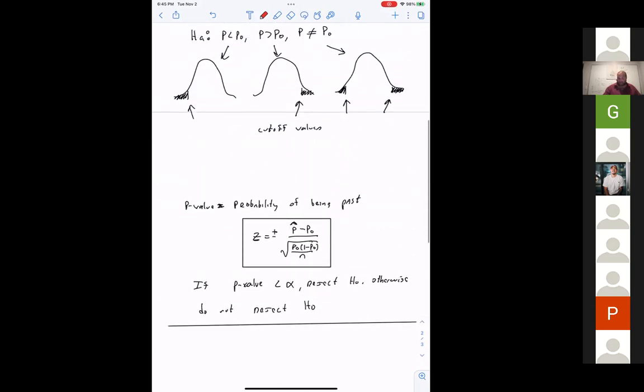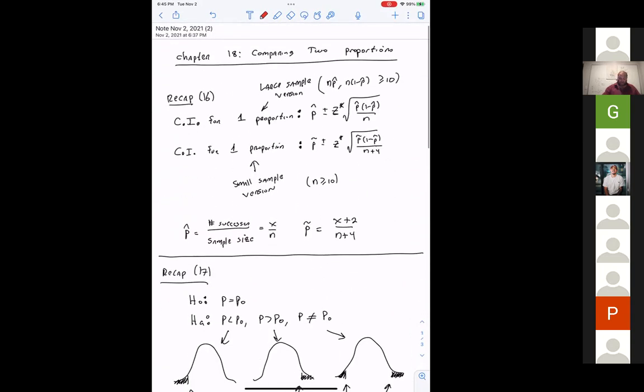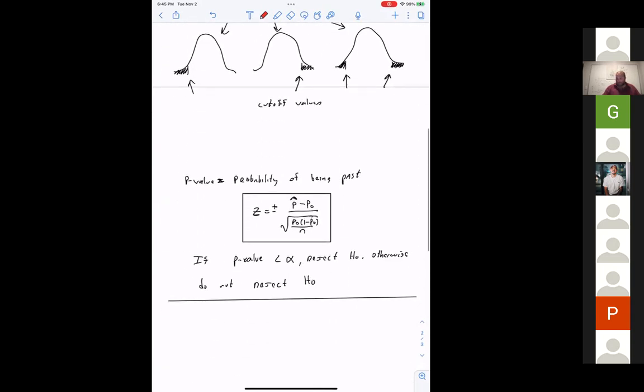Can you scroll for a second? Go to stat and tests and then look through the various possibilities. Remember what we're doing today. Chapter 18 is comparing two proportions. So which of these situations do you think are going to be the ones that we're working with today if we're going to be comparing two proportions?